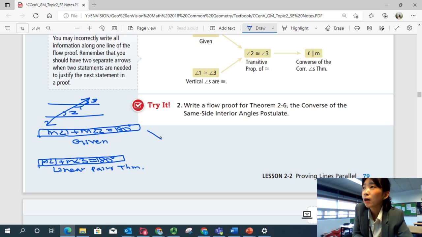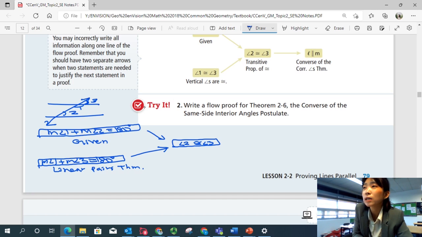Okay. And together you can conclude to another statement that says, oh, that means angles 2 and 3 are congruent because they will be equal to the same equation, right? And if you solve for the equation, you can say they are congruent, right?